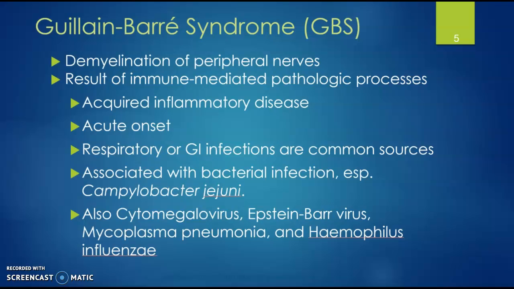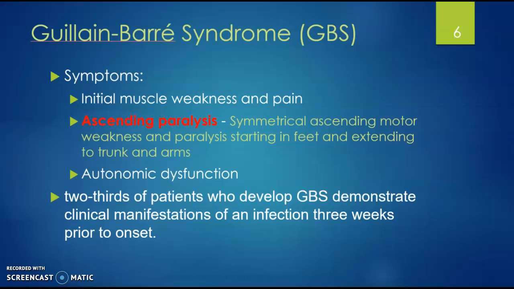So you have several different sources of infections that are kind of well known to precede this by about 3 weeks, is a very common pattern for this to develop.